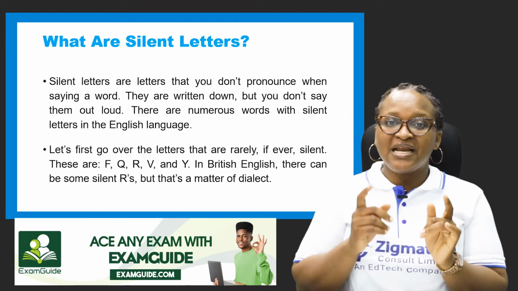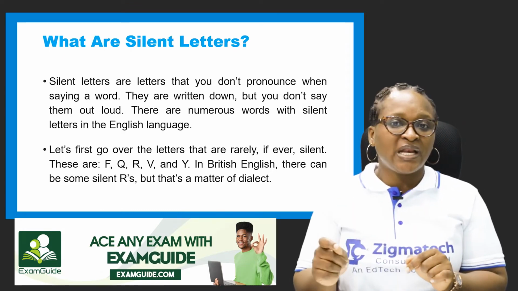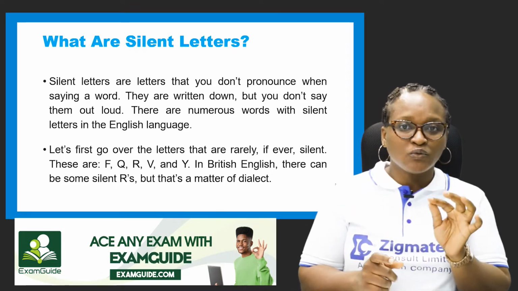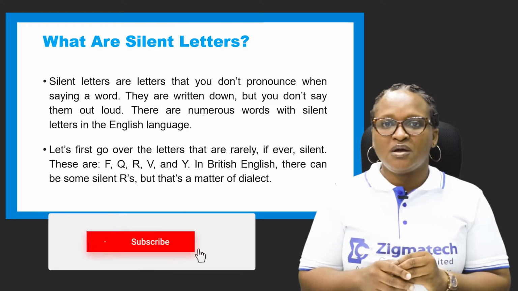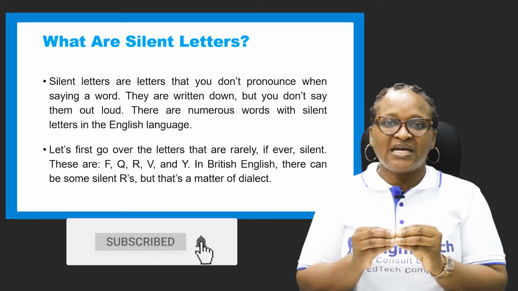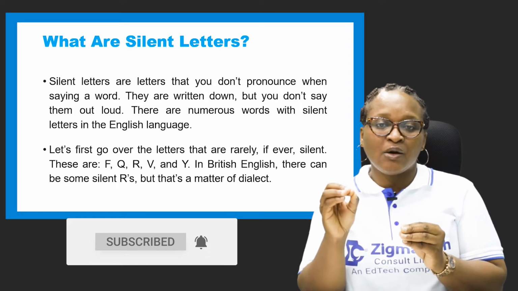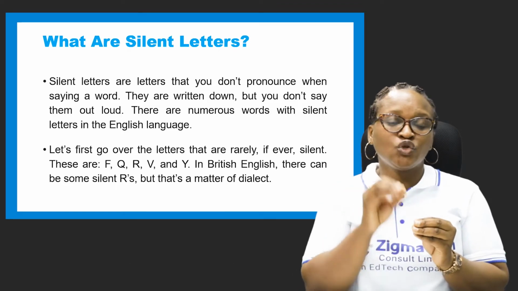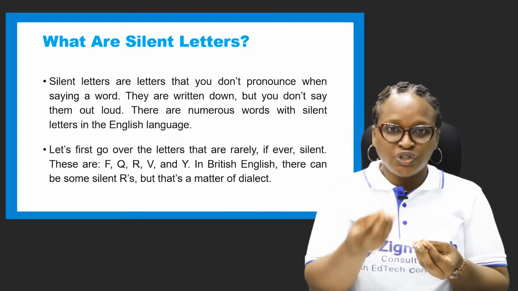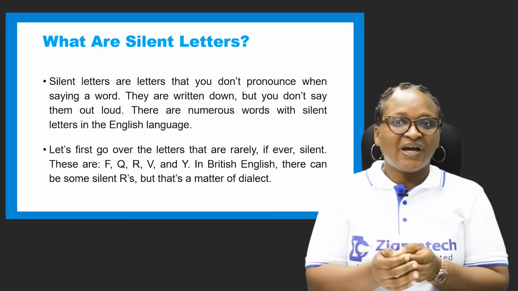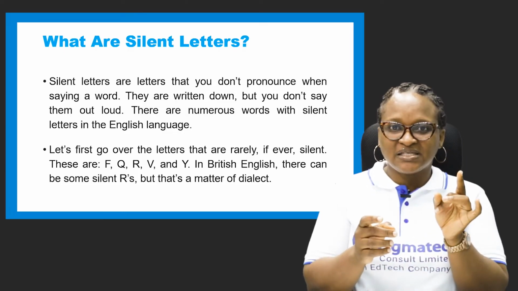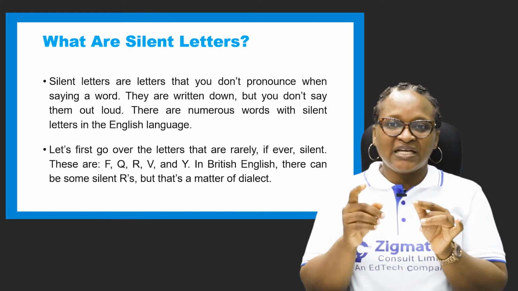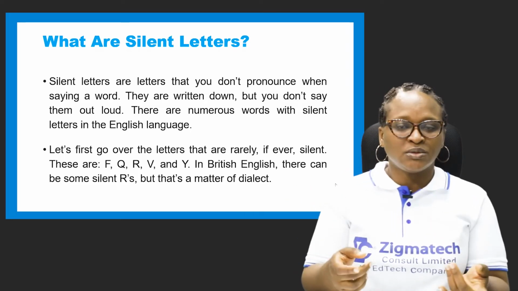First, letters are used in spelling, while sounds are used in pronunciation. When you see a particular letter, that letter has a sound that it goes with at the point of pronunciation. So if I see letter S, I know already that S has a sound.